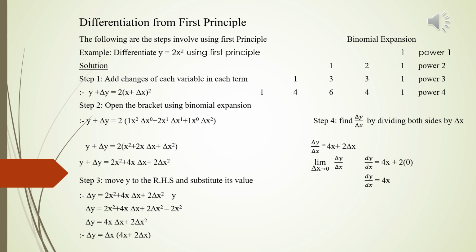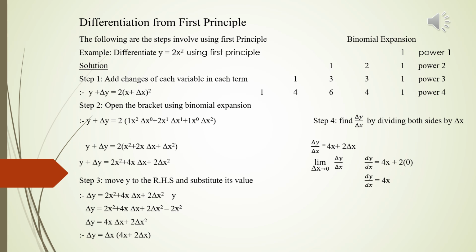So we have that y plus change in y equals 2 open bracket. When we simplify the bracket, we have x^2 plus 2x change in x plus change in x^2. We have y plus change in y equals 2x^2 plus 4x change in x plus 2 change in x^2.